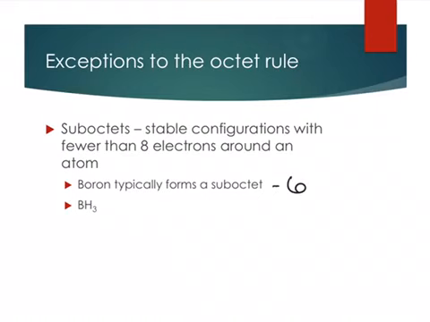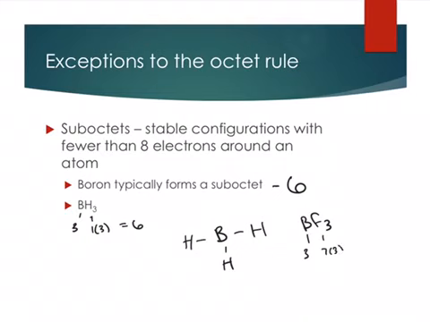So when I have BH3, boron has 3 valence, hydrogen has 1, there are 3 hydrogens. It's a total of 6 electrons. Boron's my central atom. I single bond it to all the hydrogens, and then I'm done. Because first of all, I've used all 6 electrons, and secondly, that's what boron wants. So if I gave you something like BF3, for example, boron has 3, fluorine has 7 times 3, you're going to use 24 electrons.